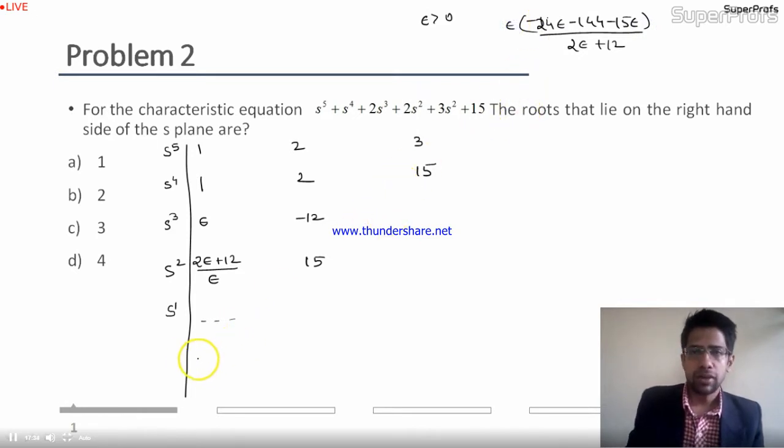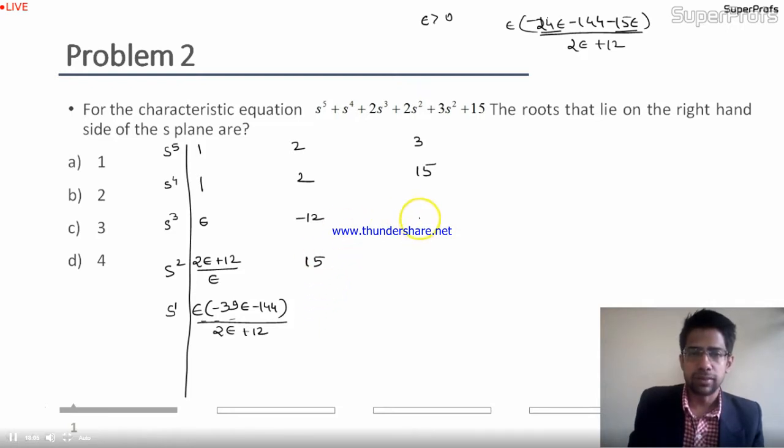Now, if you write this value here, you get epsilon, and you can add these values, minus 24 and minus 15 epsilon. So you get minus 39 epsilon minus 144 divided by 2 epsilon plus 12.